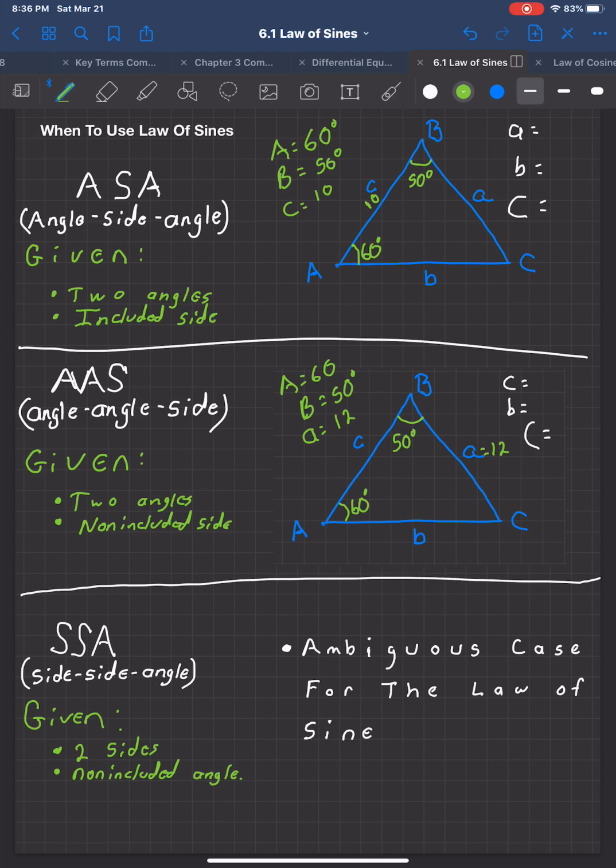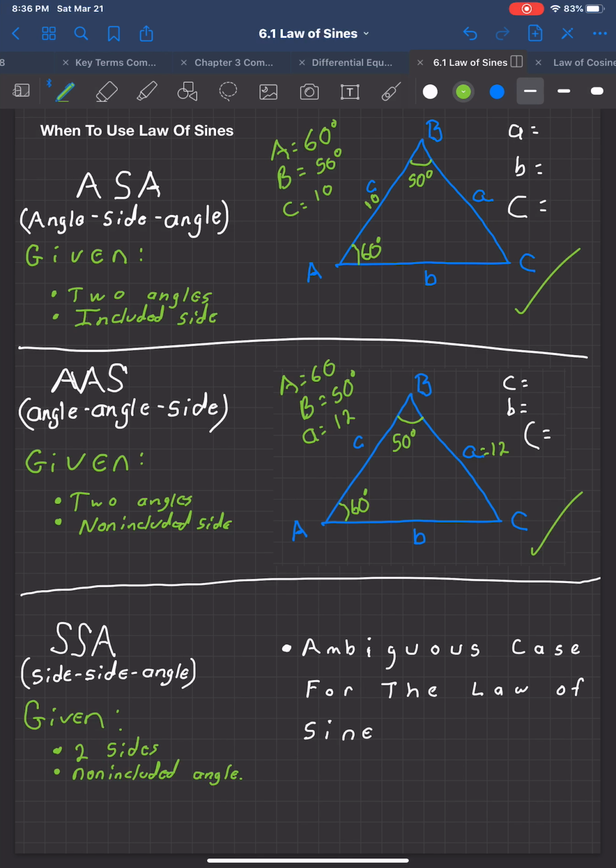All right, now, here in just a second, we're going to try an angle side angle and an angle angle side. And I honestly think that even if you really struggled through the first half of this semester, you'll agree with me that law of sines is pretty darn easy. Okay, and so I'll show you that in just a second.